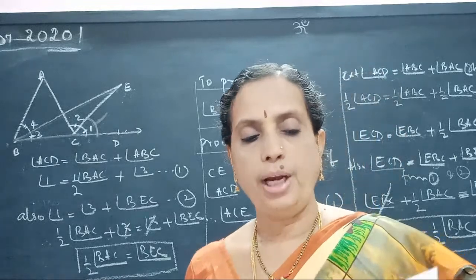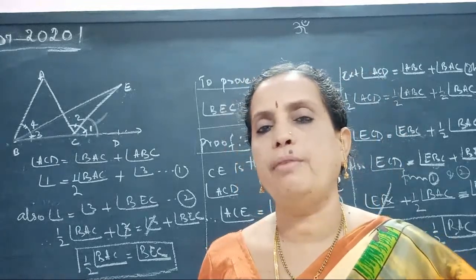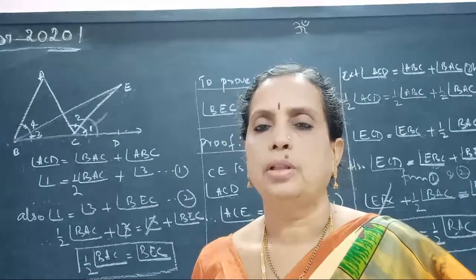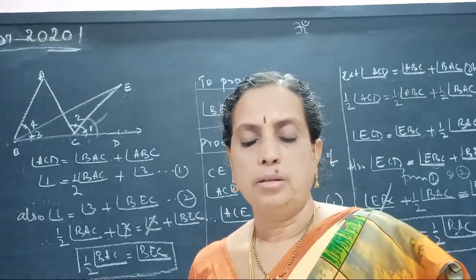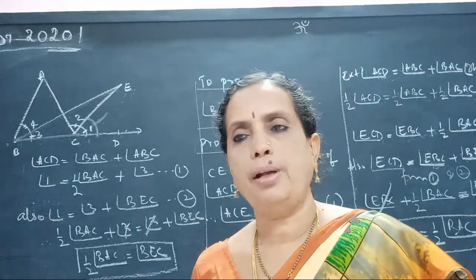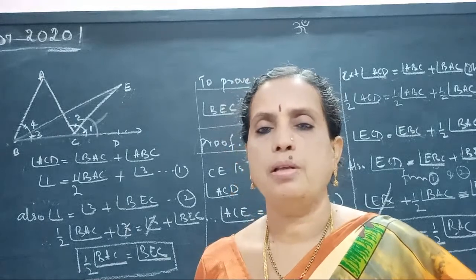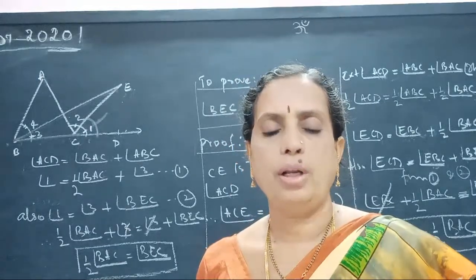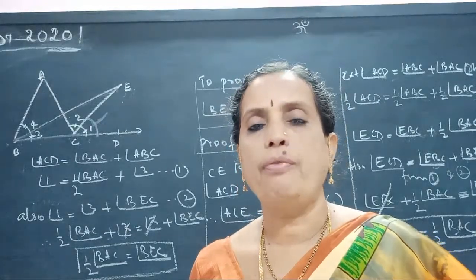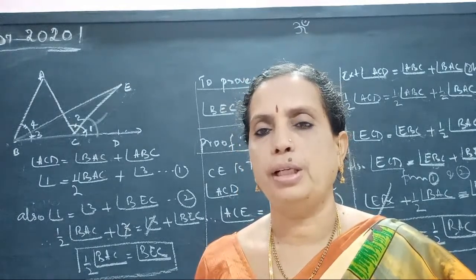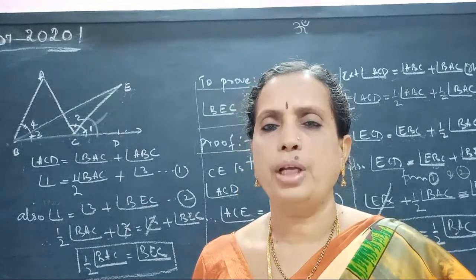Since I included it here, this is the type you will get for 4 marks. That is proving the theorem and also finding the value of x when the angles are in terms of x. I think the question is with your side. I won't write the question again.